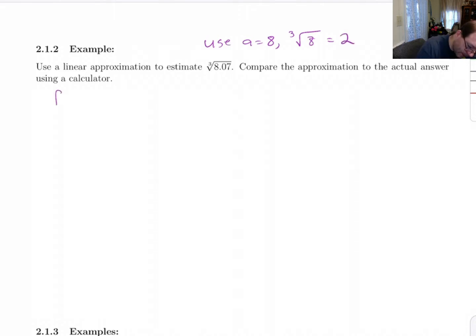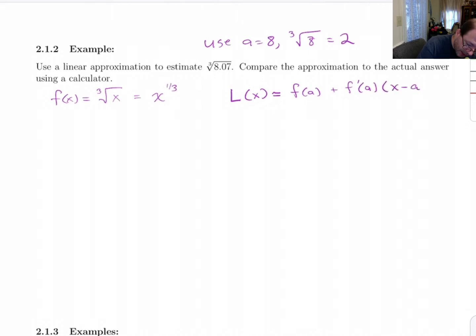All right, so my f of x here is cube root of x, which of course is also x to the 1/3 power. And I'll copy this from above. The linearization is equal to f of a plus f prime of a times x minus a.